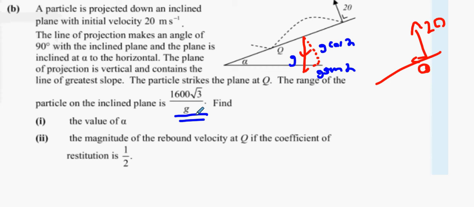Right. Do what you always do, make your four equations. So vx is going to equal 0. There's no component there.